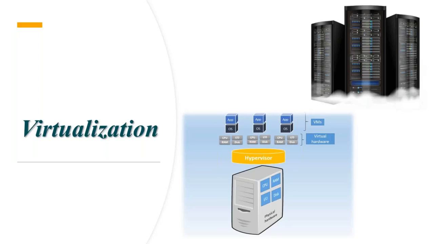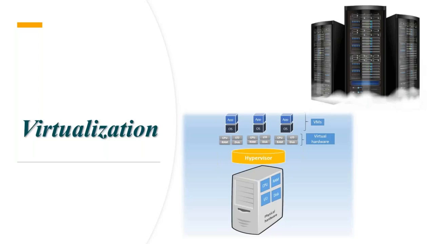What is a hypervisor? Hyper-V is a Microsoft product. There are also Oracle VirtualBox and VMware. Using VMware, Oracle VirtualBox, or Hyper-V, we can create virtual machines on top of one physical server, multiple virtual machines.